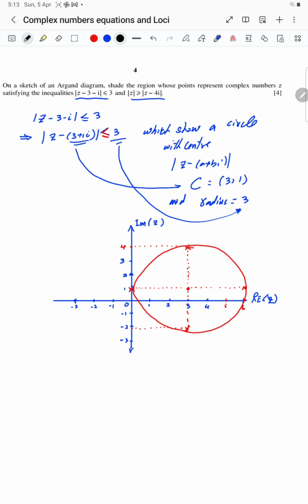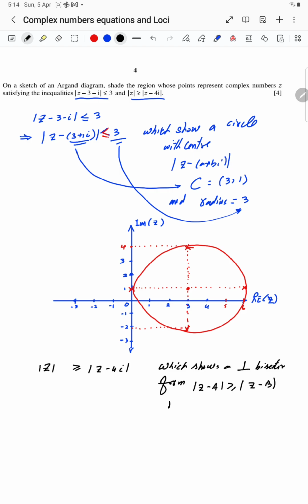You are given here modulus of z is bigger than or equal to modulus of z minus 4i. So this is the perpendicular bisector form, which shows the perpendicular bisector of the form modulus of z minus a, modulus of z minus b, between points a and b.